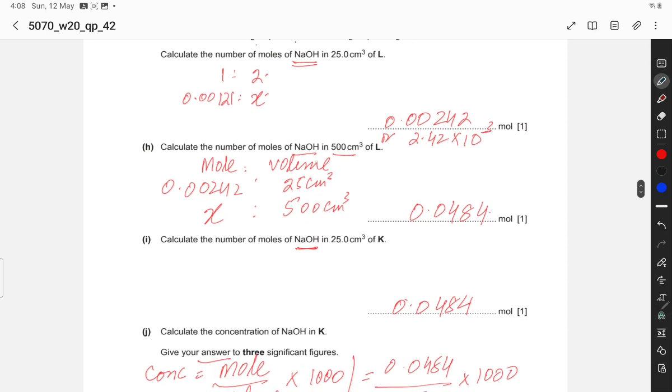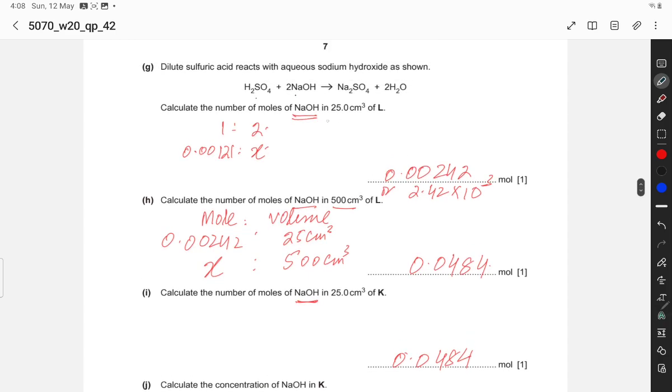Calculate the number of moles of sodium hydroxide in 500 centimeter cube of L. You know that 25 centimeter cube has 0.00242 mole. So what would be the mole in 500 centimeter cube? By using mole ratio with volume, 0.00242 mole in 25 centimeter cube.